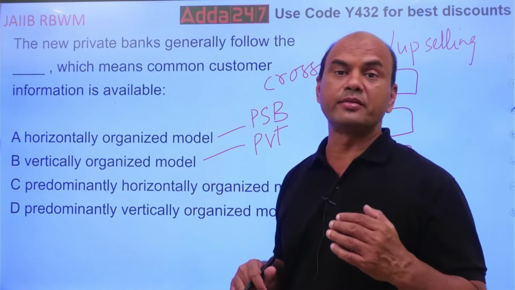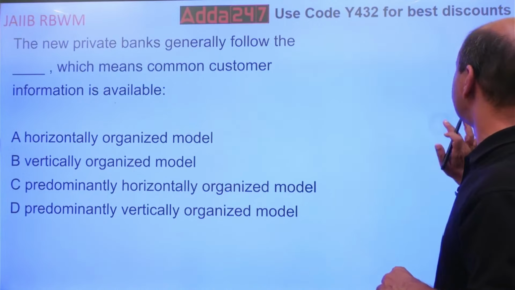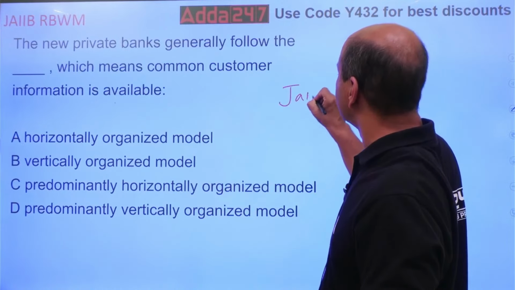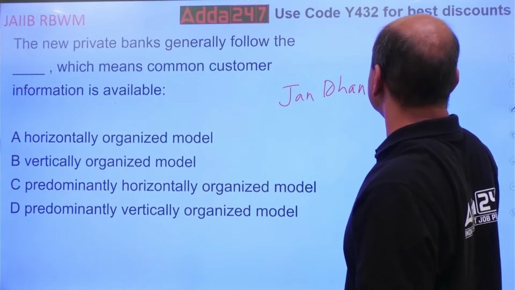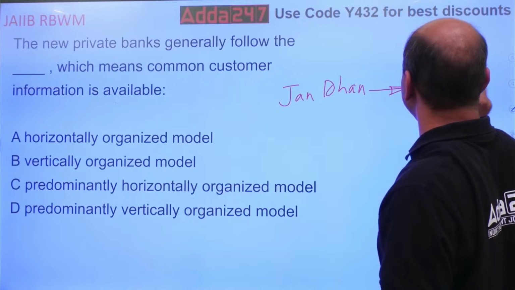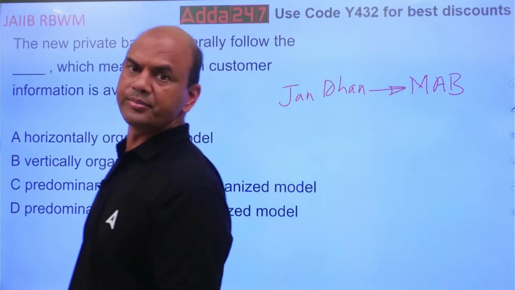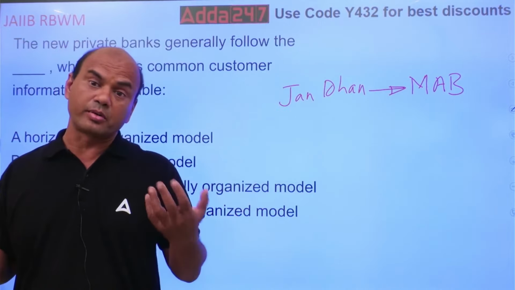If some customer is having a Jan Dhan account, then what will I do in upselling? I'll convert this customer to MAB account. MAB means minimum average balance. In Jan Dhan, that customer doesn't have to maintain any MAB. So I'll convert that customer to MAB account so that it is profitable for me.